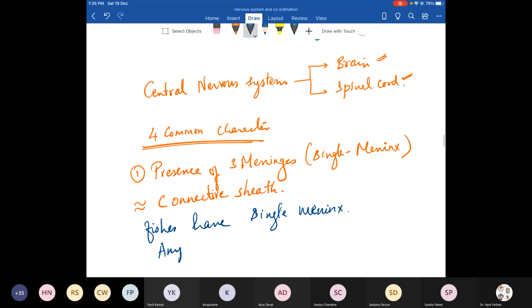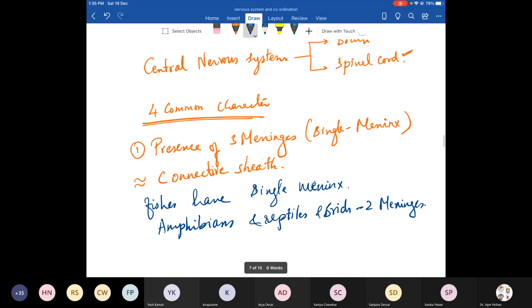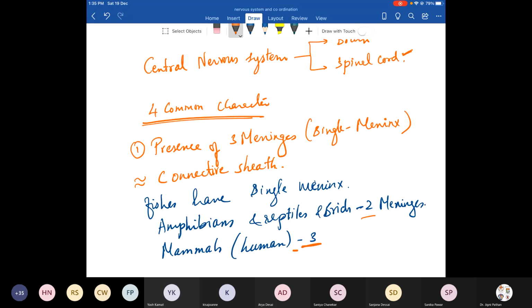Amphibians, reptiles and birds have 2 meninges, the connective tissue. Whereas mammals, including human, have 3. Very important, many questions are asked on this. So 1, 2, and 3. Clear?